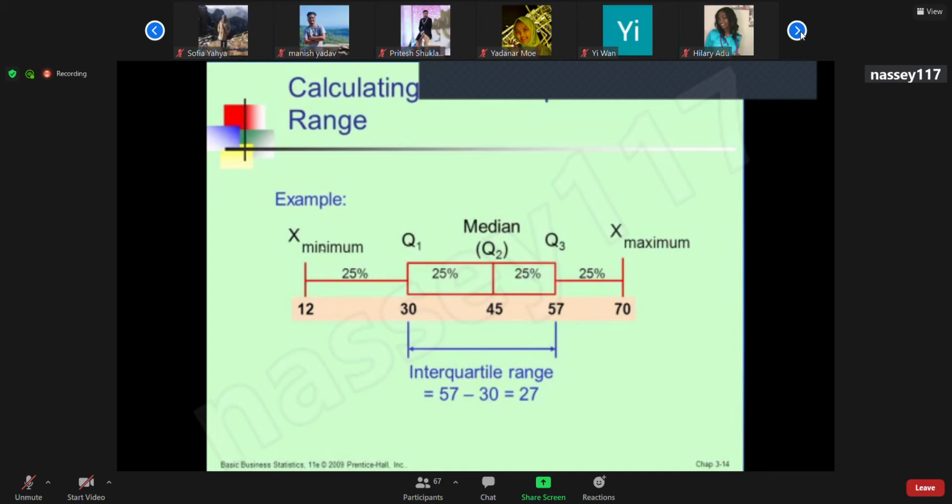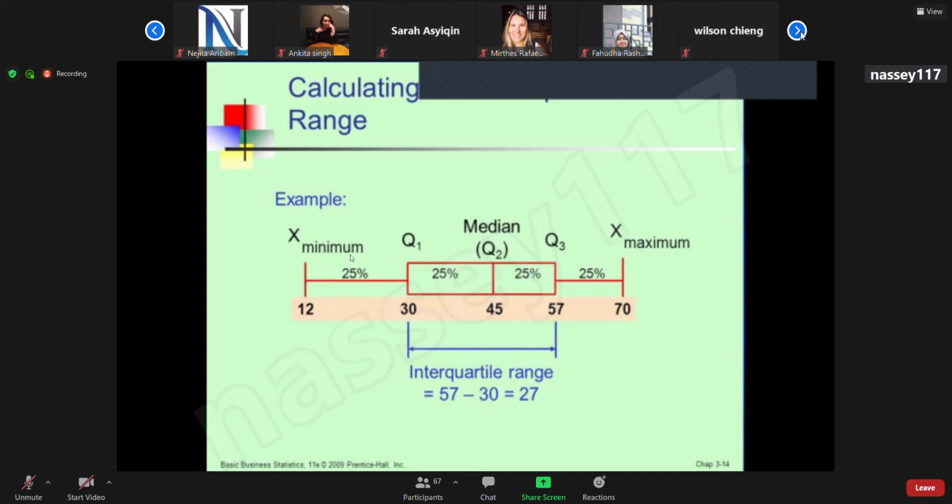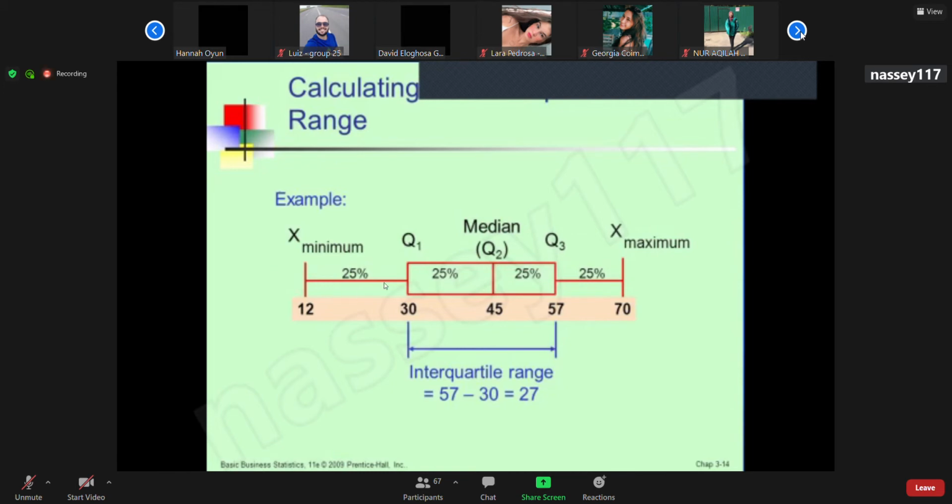The lowest quartile, or we call it 25th percentile, measures the first group, which is from 12 till 30. And 30 in this case is the lower quartile, which means that 25% of observations lie below this parameter.